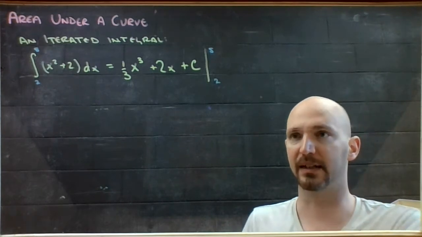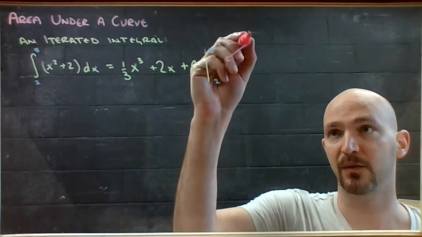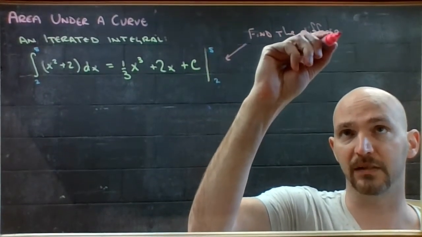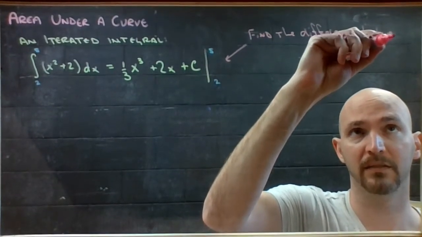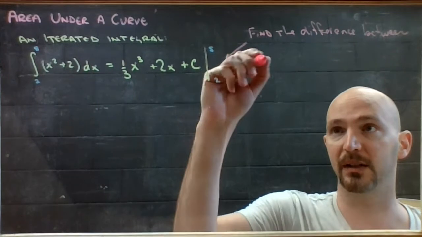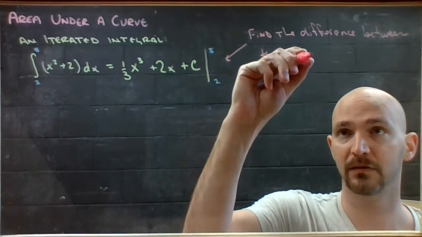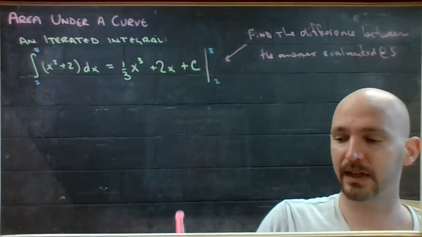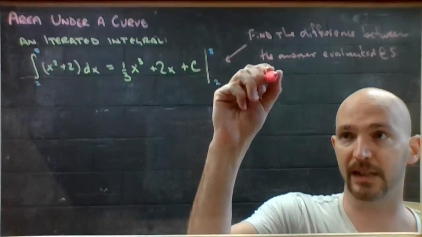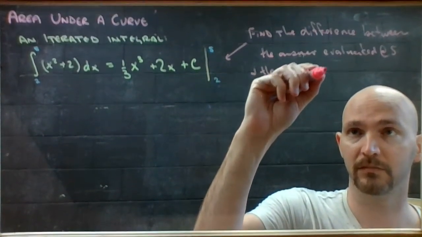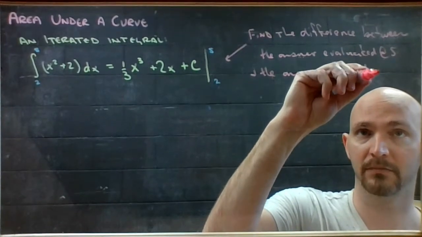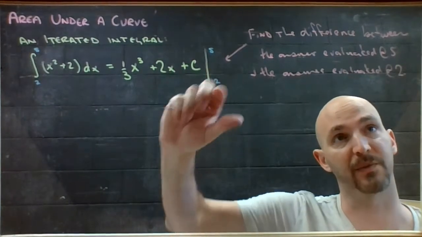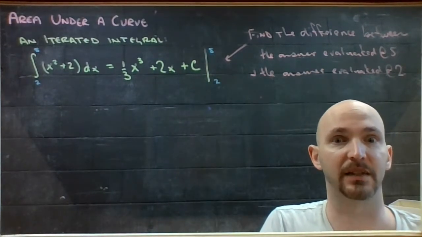So if I were to write that in English to you, this little symbol says, find the difference between the answer evaluated at 5 and the answer evaluated at 2. So if this had been a 7 and this had been a 3, that would be 7 and that would be 3. Right? I'm just plugging the numbers in now.